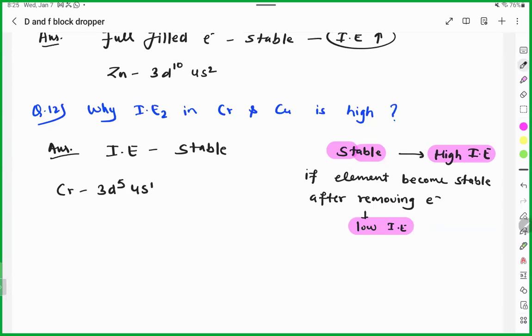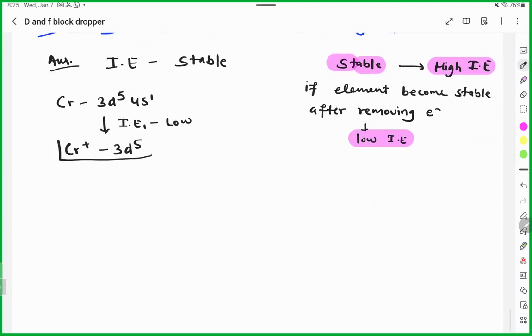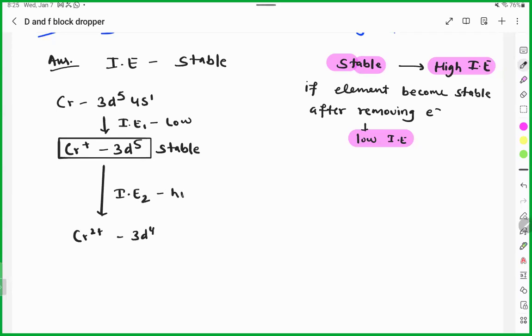If you remove one electron from s, then chromium 1 positive has 3d5, which is stable. So first ionization enthalpy will be low in this case. But now this is highly stable, and removal of an electron from this stable configuration is very difficult. So chromium 2 positive, which will be 3d4, means we already destroyed the half filled orbital. Then this ionization enthalpy will be high. Anybody have doubt?